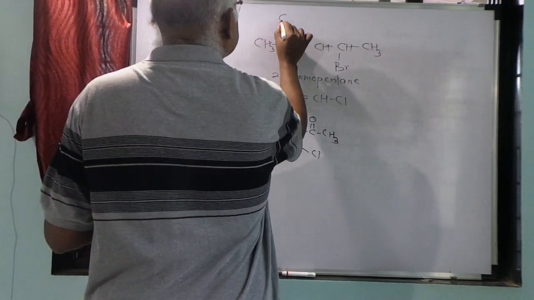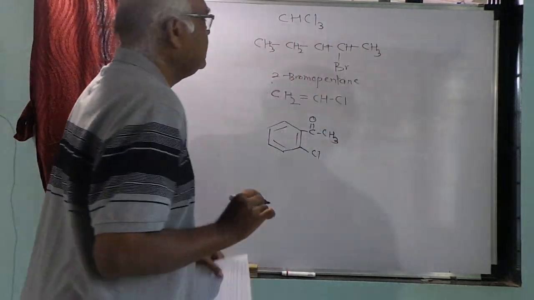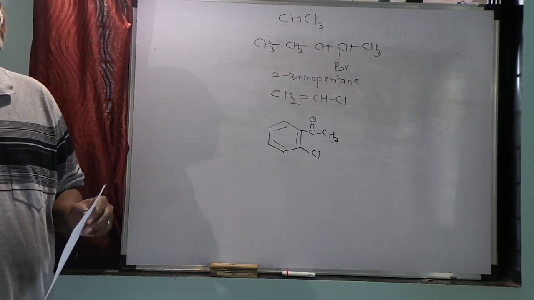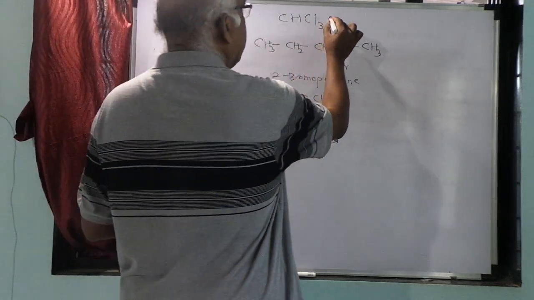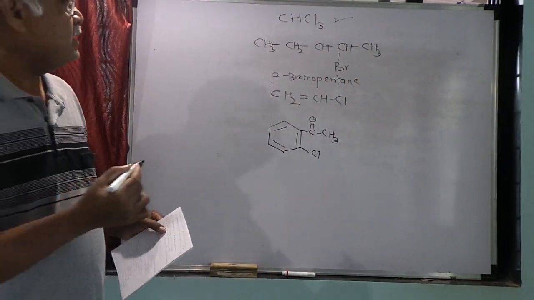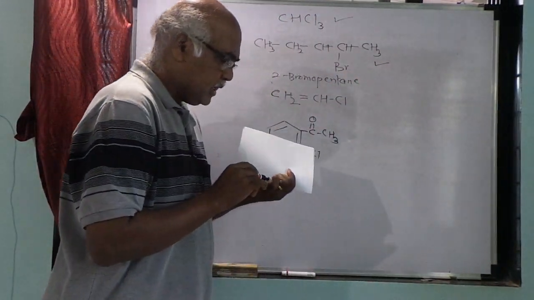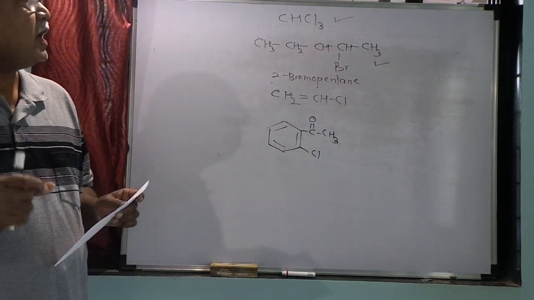trichloromethane, CHCl3. Trichloromethane is a haloalkane again, because this is a tri-halo derivative of alkane, which is methane. And 2-bromopentane is also a haloalkane because this is a monohalogen derivative of alkane.